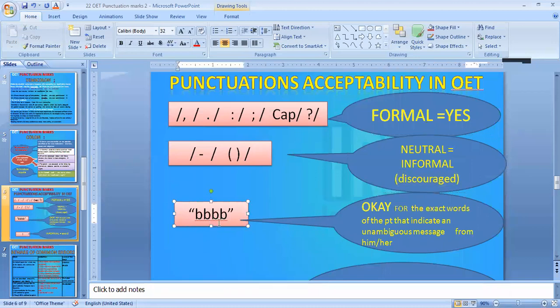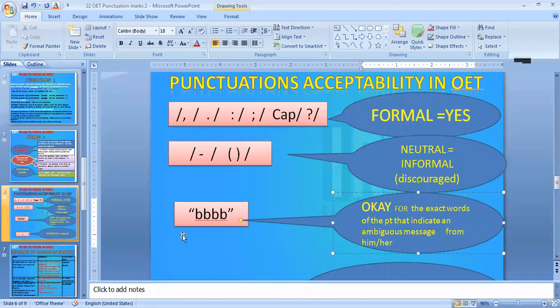Inverted commas. Okay in OET for the exact words of the patient that indicate an ambiguous message from him.